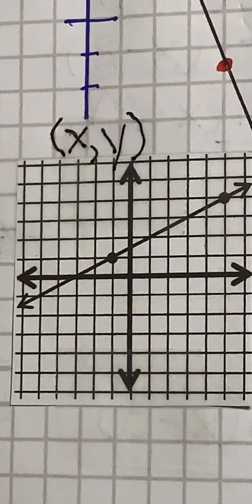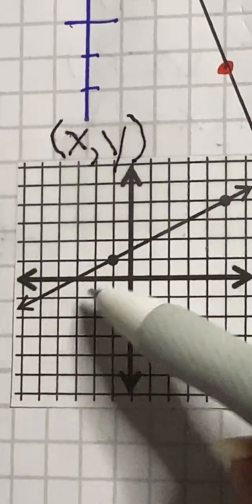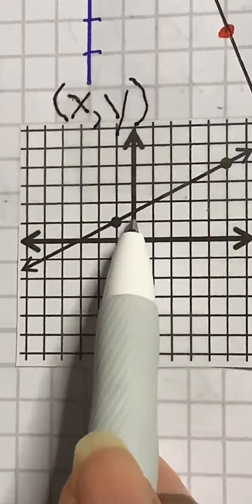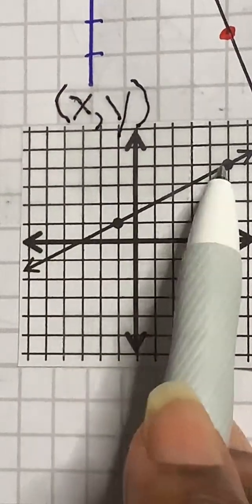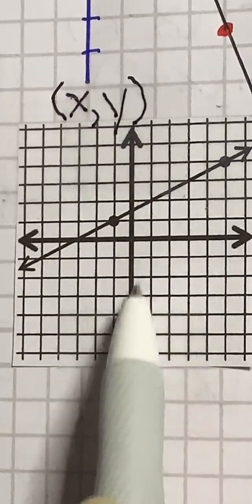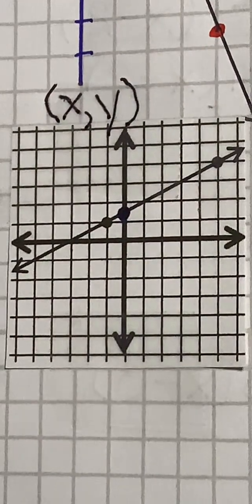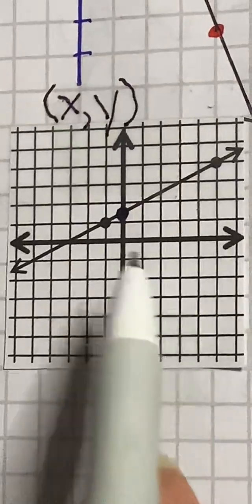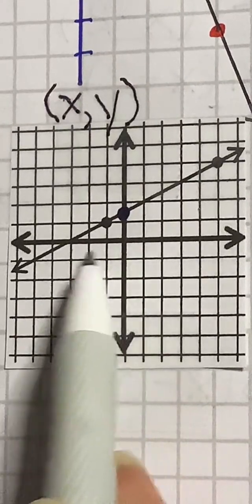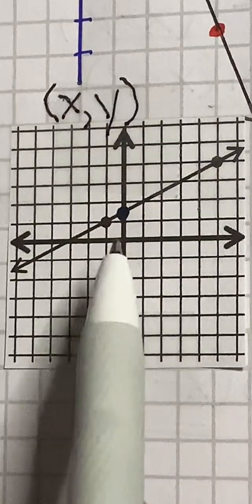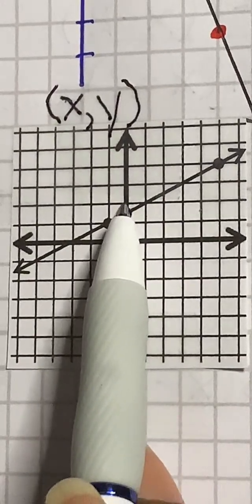All right. So anytime you're trying to find the equation of the line, you always go to where this line is crossing the y-axis. So we're looking at this point right here. And that point is roughly between, because if you don't see any numbers, that means they're counting by ones, so this is going to be 1 and this is 2.